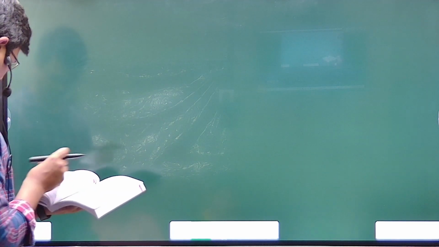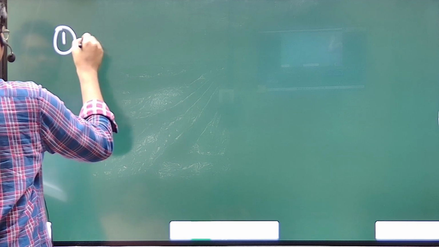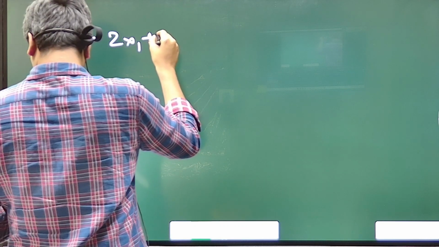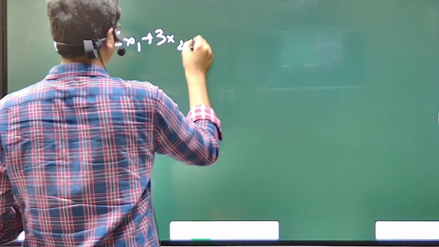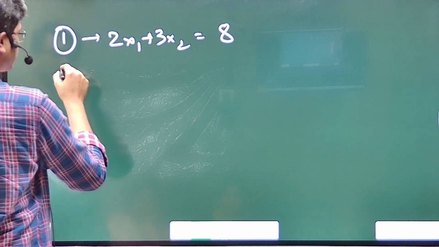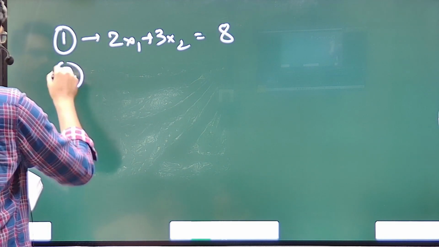Let me do it again. So first equation, you have 2x1 plus 3x2 equal to 8. Here s is 0, so we will only take x1, x2 and x3, okay?